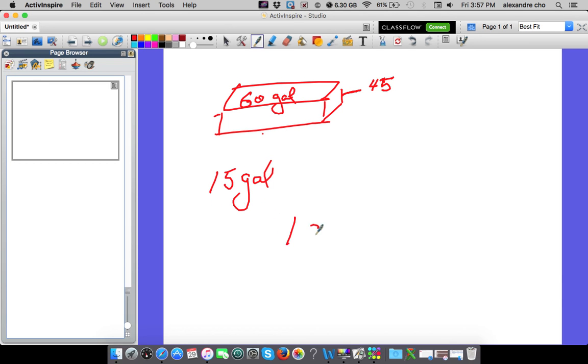Well, what do we know here? That 1 gallon, if you look at your conversion sheet, should be 3.7 something liters. I'm not too sure because I don't think too many people memorize that. So 1 gallon in liters.